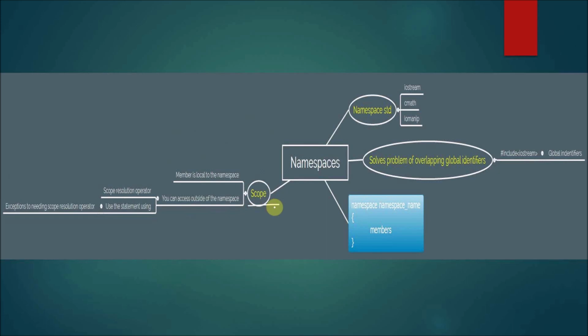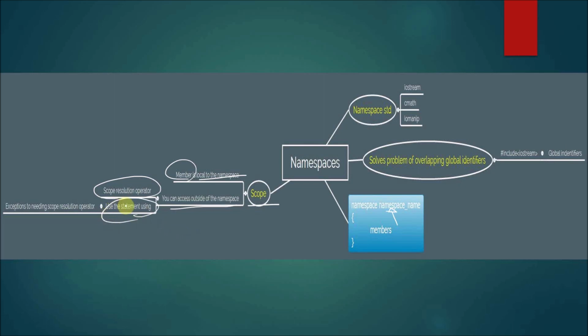Scope. A member is local to the namespace. Okay. You can access a member outside of the namespace. You do that by one of two ways: using the scope resolution operator, or by using the using statement.